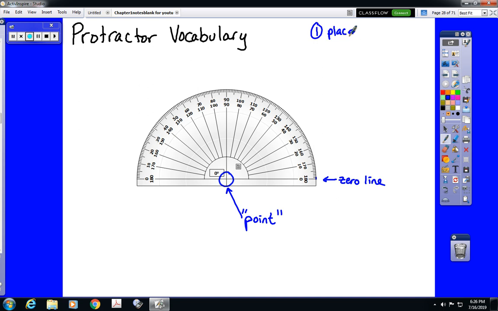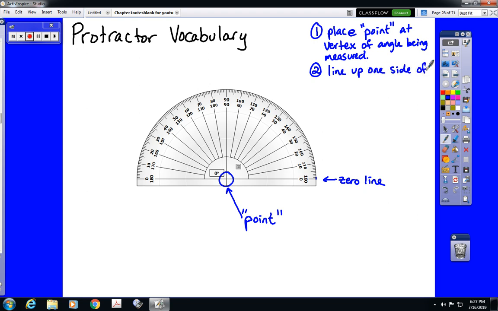Hold on a minute, my pen is being annoying. Okay, so we start off, we locate the point, we place the point, this area right here, at the vertex of the angle that we're measuring. Then we line up one side with the 0 line.